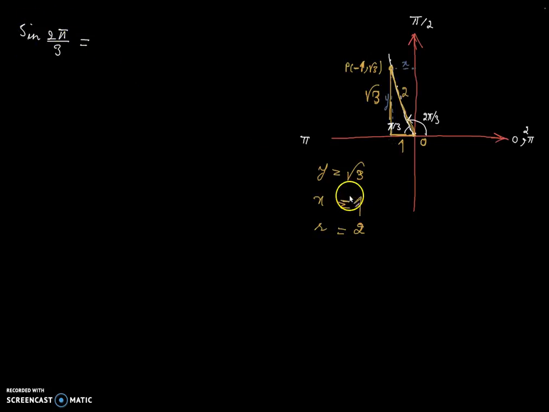Sine 2 pi by 3 is basically, we said that it's y by r, which is root 3 divided by 2. Now cos 2 pi by 3 is equal to x by r, which is 1 divided by 2.